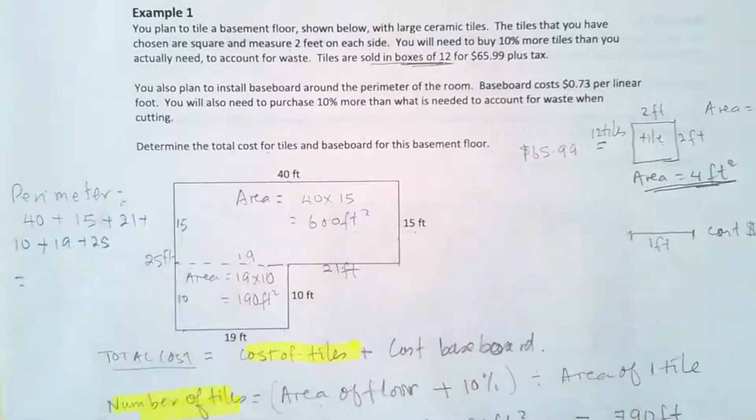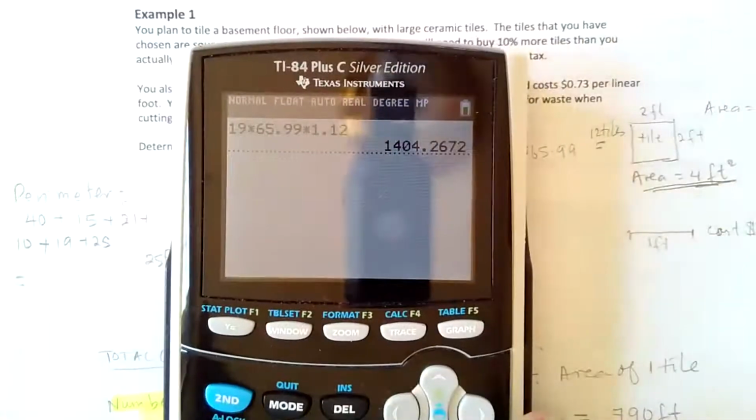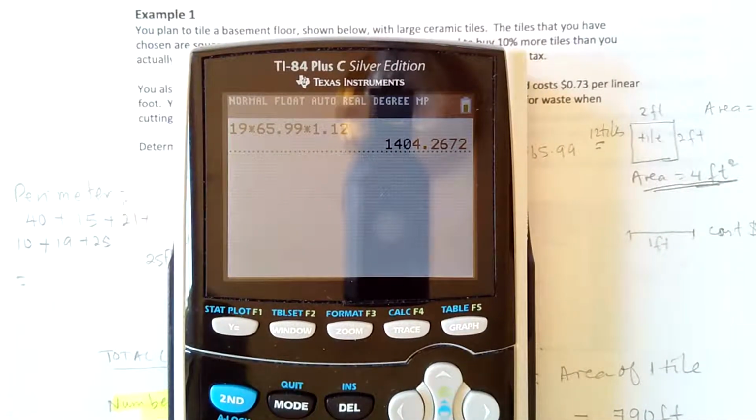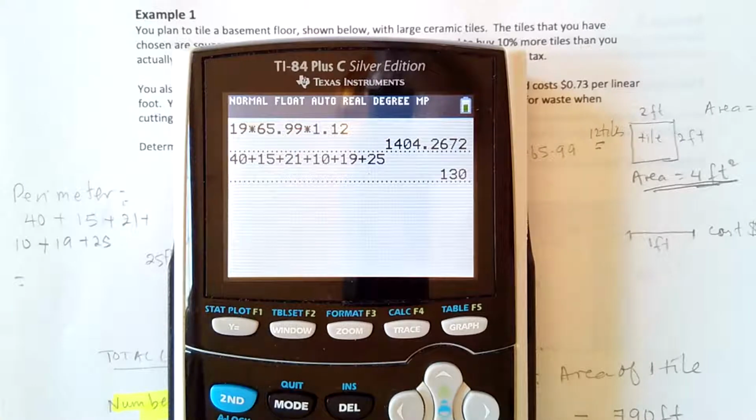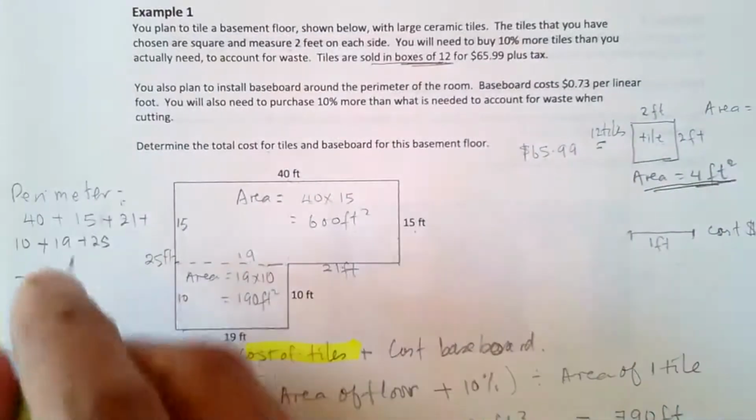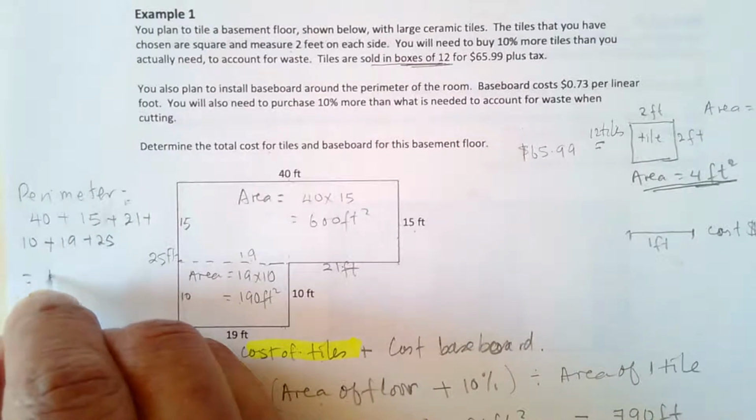If we add those all up, what do we get? We have 40 plus 15 plus 21 plus 10 plus 19 plus 25, 130. That's not square feet, that's a linear measurement. So it'll be 130 feet.